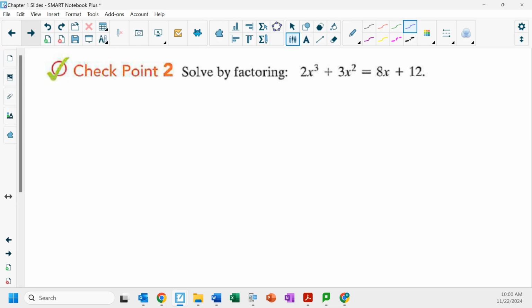2x to the third plus 3x squared equals 8x plus 12.